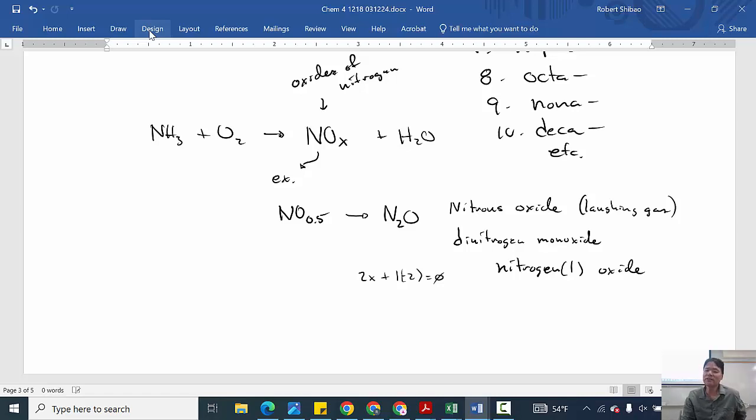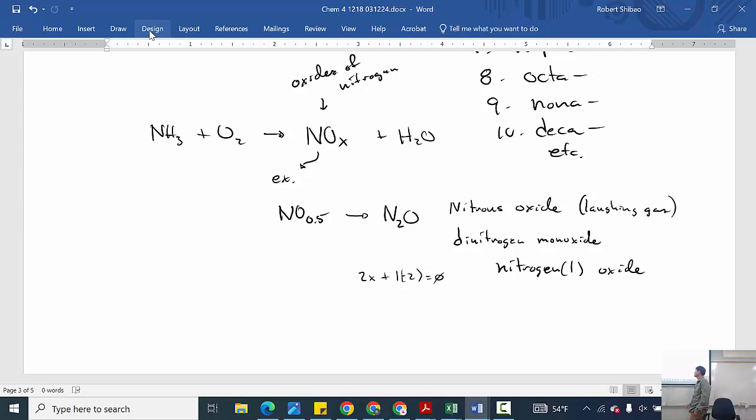I don't need the prefixes here. Why? I don't need the prefixes here because I can tell I need 2 of these nitrogens, because I know the charge on oxide. What is the charge on oxide? -2. And 1 nitrogen is not going to be enough because 1 nitrogen only is +1. And therefore I need 2 of the nitrogens to balance this out, because compounds are neutral.